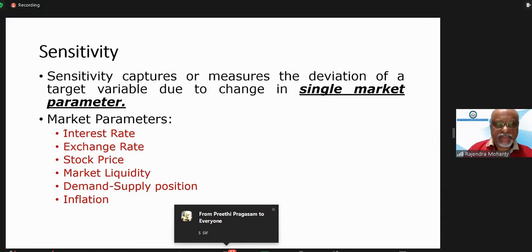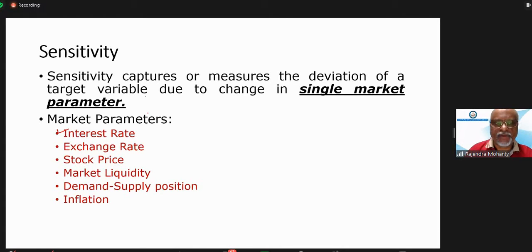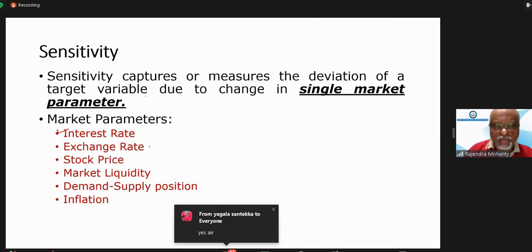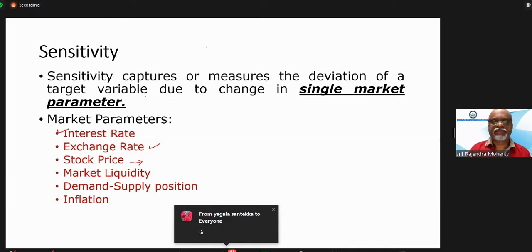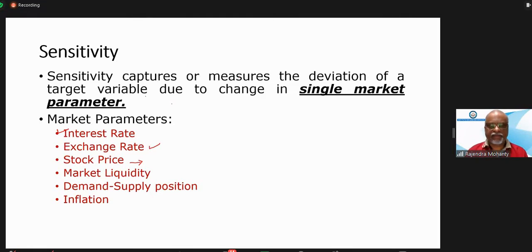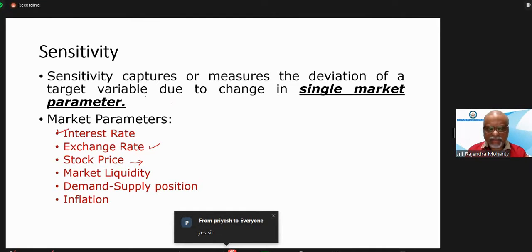So that means due to change of interest rate only, what is the loss? How much have we suffered loss? Or there might be a foreign exchange thing, due to change in the exchange rate, what is the loss we have suffered? How much has the loss or profit moved? Or due to the price of the asset which is traded in the market, how much is the loss or gain? So these are the things which affect the asset value.